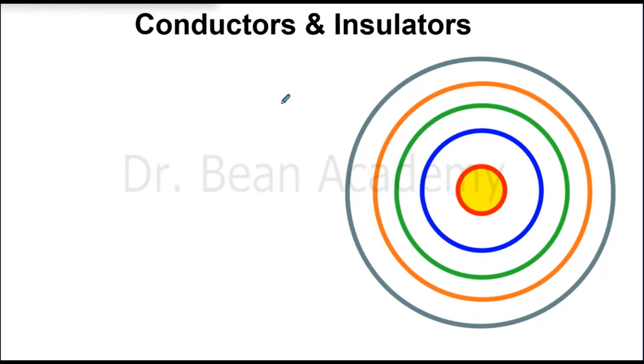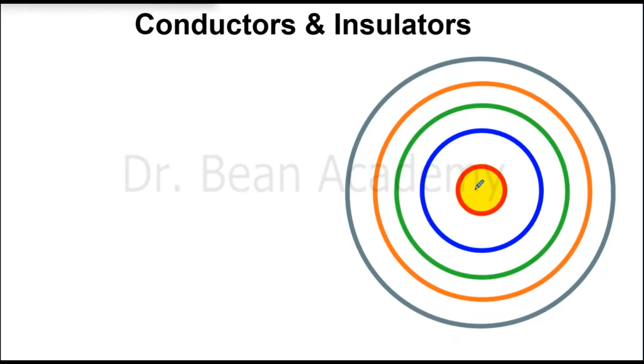So when I was trying to build an atom, you see that when I was trying to add more than two electrons in the first shell or orbit, it didn't allow me to add more than two electrons in the first shell. So this is how an atom is built up.